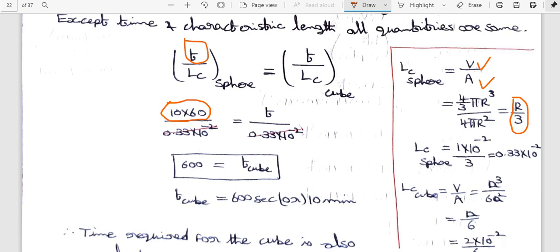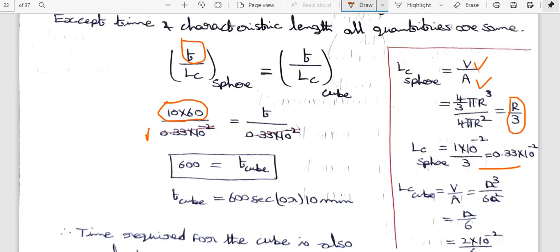Now we can substitute the LC value for the sphere, which is 0.33 into 10 power minus 2. So here the LC value is 0.33 into 10 power minus 2, and we need to substitute this value: 0.33 into 10 power minus 2 is equal to T by 0.33 into 10 power minus 2.